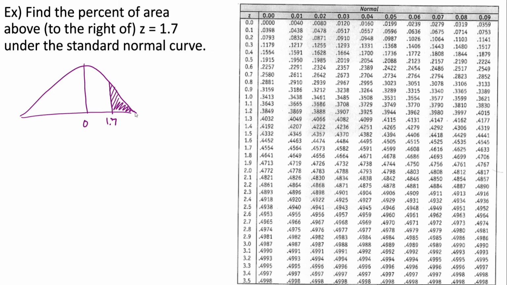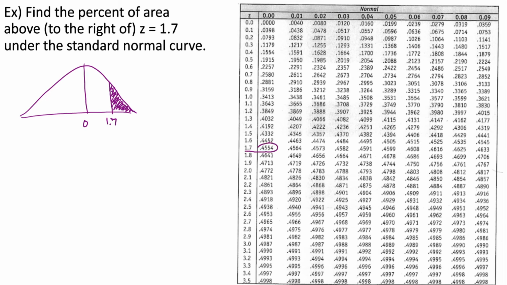Now this problem is fairly similar to the last one we looked at, except instead of dealing with a lower piece of tail area, we're looking to find the area of an upper tail. And we're going to find this one the same way that we did in the last problem, again because the normal curve is totally symmetric on both sides. We can't look up the shaded area here, but we can look up this piece of area between 0 and positive 1.7.